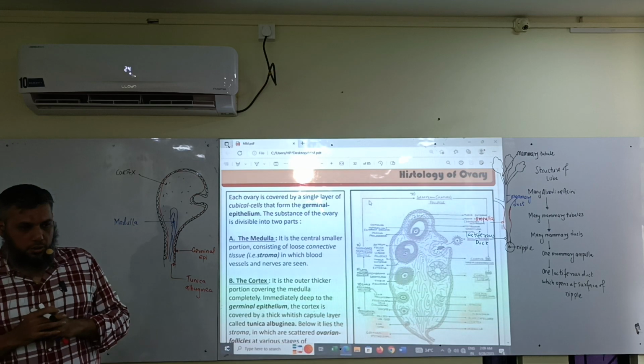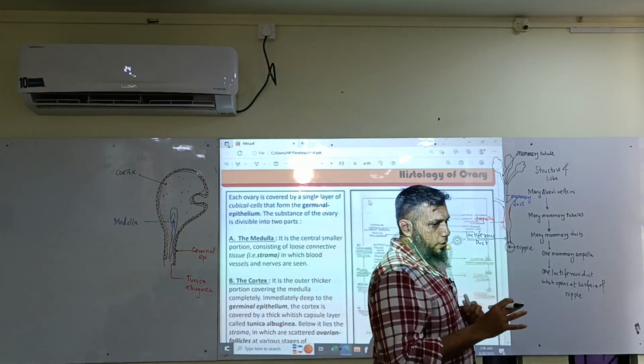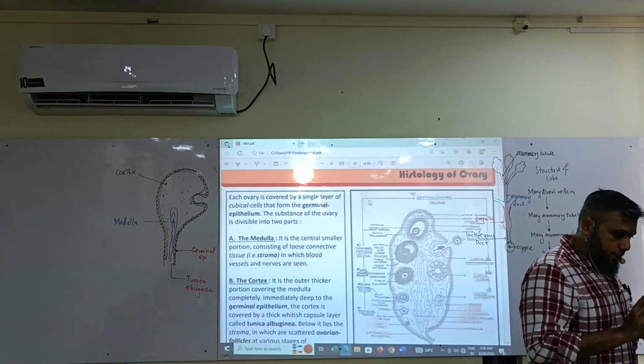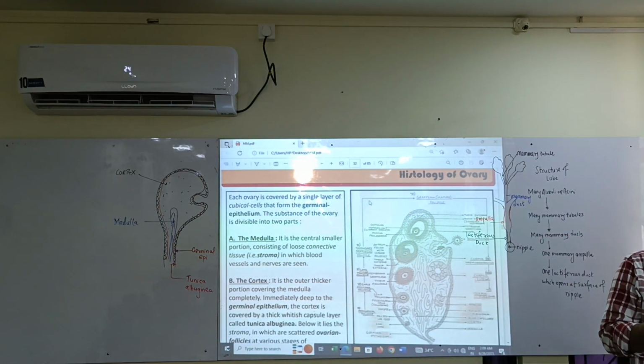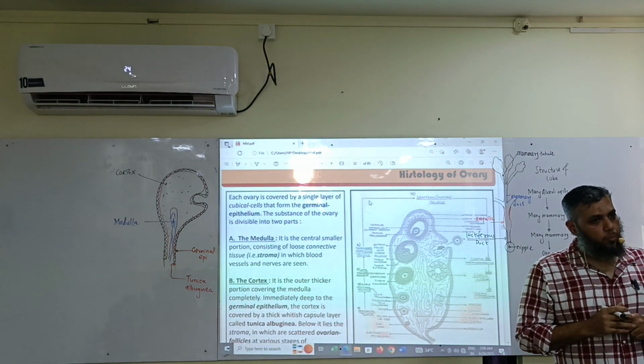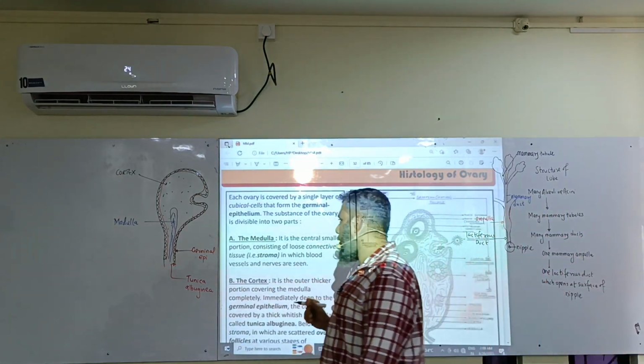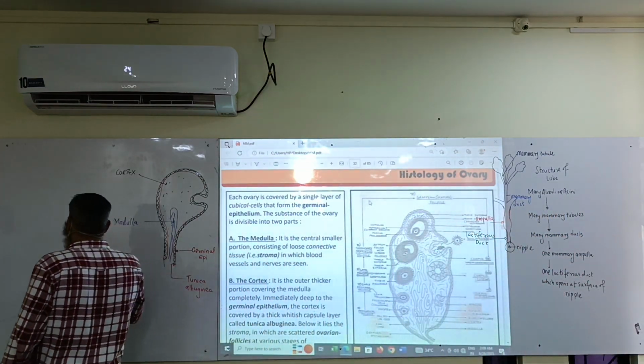So within the cortex of the ovary, there is development of follicles, which is called folliculogenesis, and within the follicles there is development of the female gamete, which is called oogenesis. You got my point? So what are the two things there? Folliculogenesis, oogenesis.